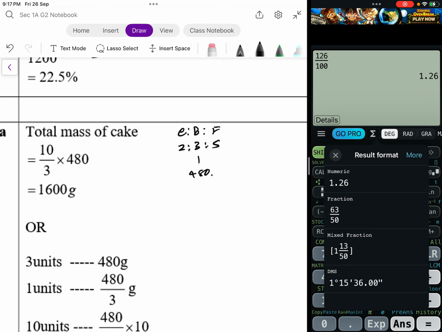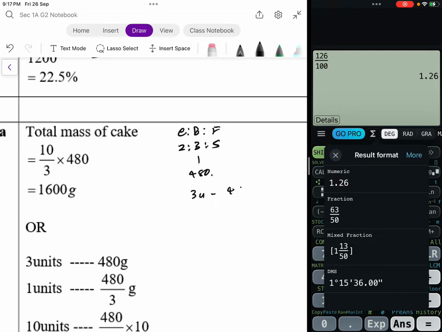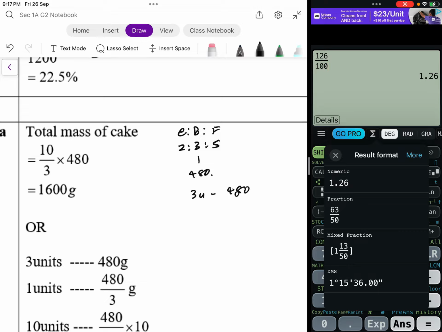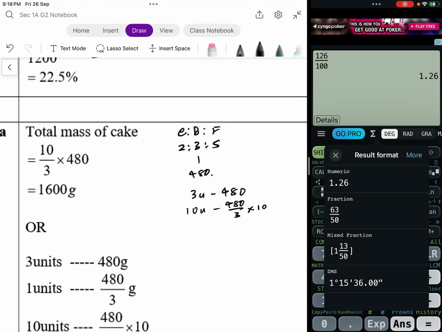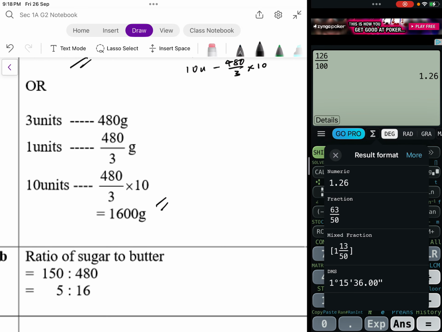So we know that because 3 units is 480, you want to find 10 units. So 480 divided by 3 times 10.